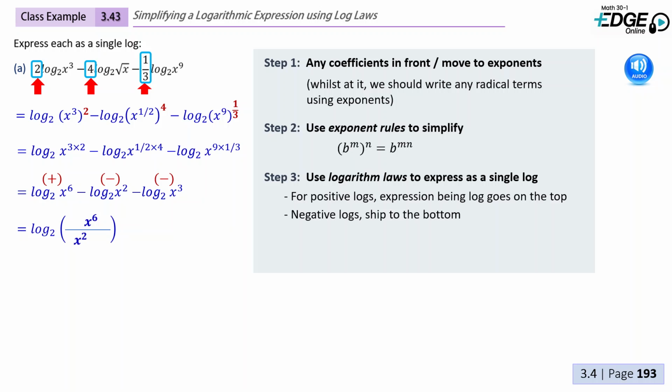So x to the power of 6 over x to the power of 2 and x to the power of 3. And then we will just simplify inside the argument for the log. So x squared times x to the 3 in the denominator became x to the power of 5. And then x to the power of 6 over x to the power of 5, we just simplified to x. So log base 2 of x.